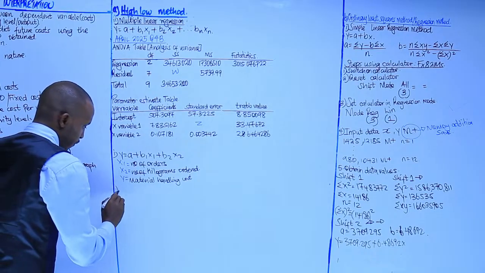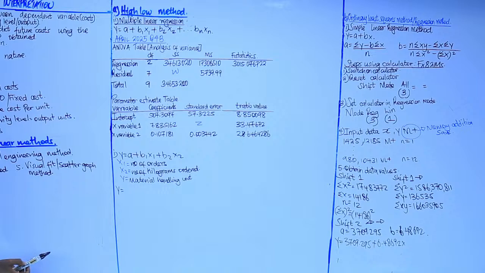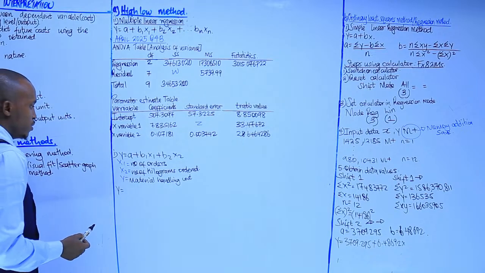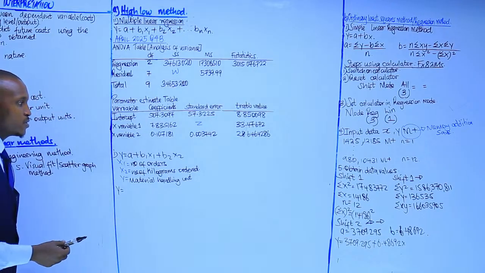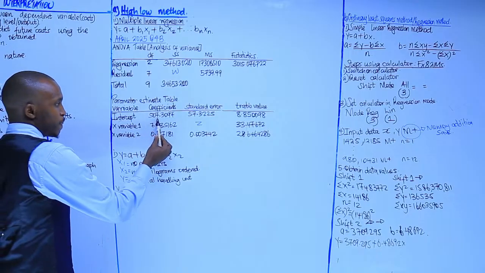A is normally known as the intercept of Y, and the intercept of Y is here.